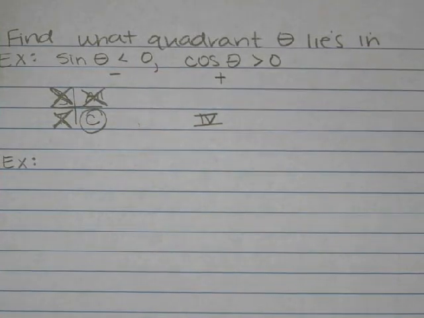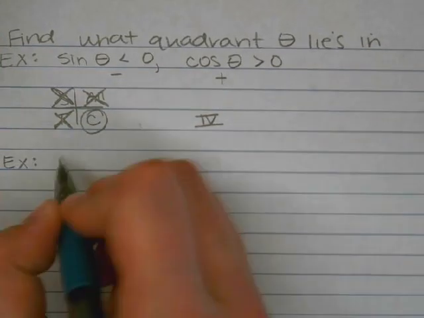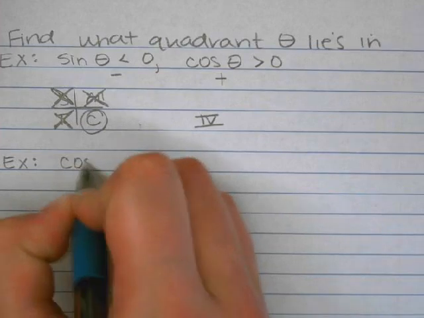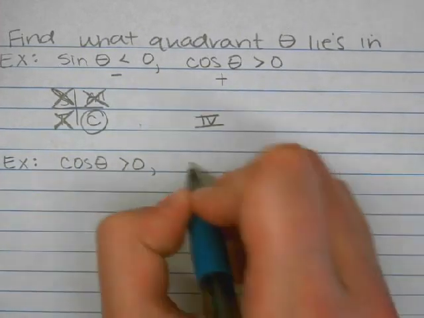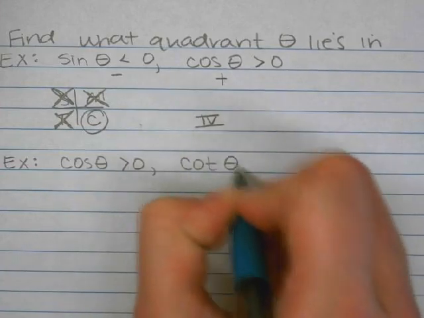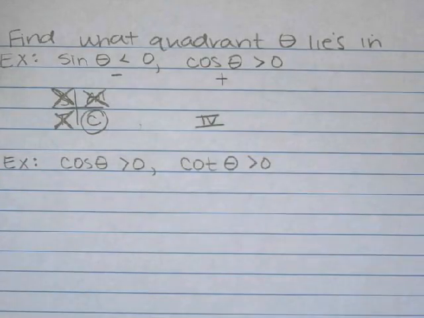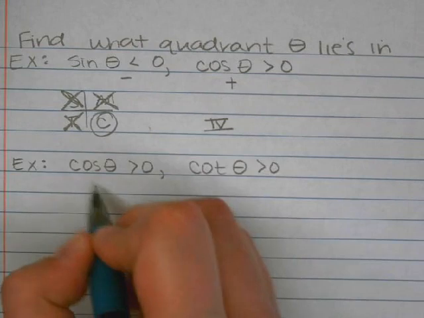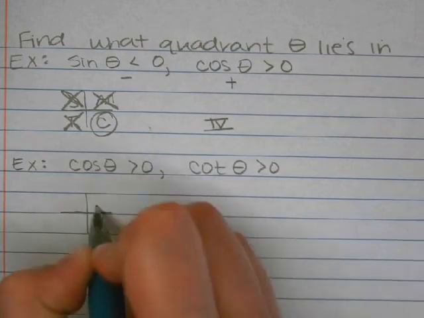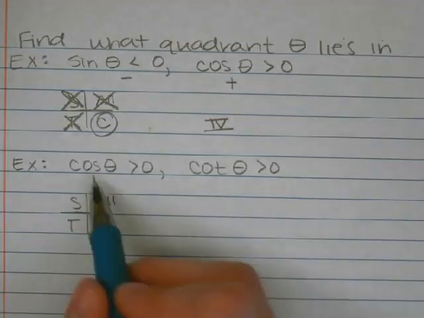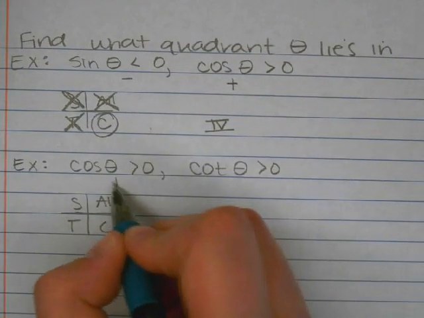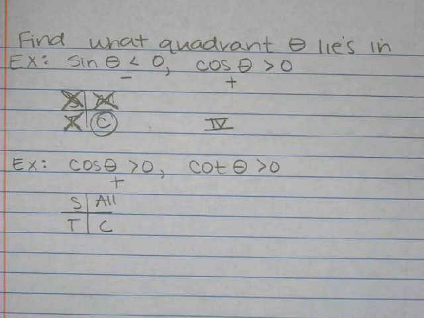All right, for the second example, we have cos of theta is greater than 0, and cotangent of theta is greater than 0. So again, I'm going to draw those four quadrants. All students talk constantly. If cos theta is greater than 0, that means we're looking in quadrants where cos is positive.